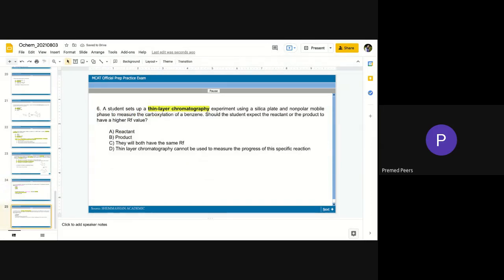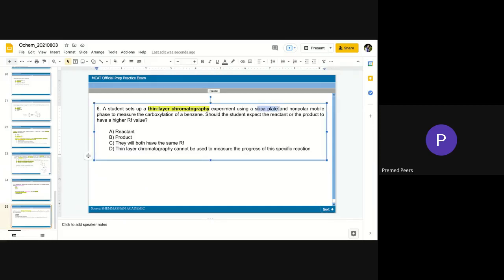And then here talks about TLC. Remember that the mobile phase and stationary phase are different in the way that the polarity is different. So here they already gave it to you that the mobile phase is nonpolar.